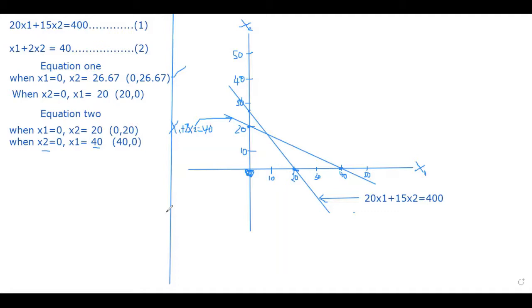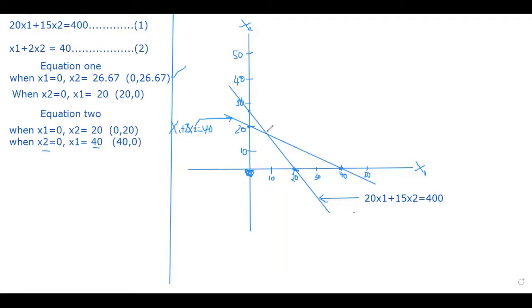Inequalities are when you use less than or equal to, greater than or equal to, and so on. With equations, you are using the equal sign. So after getting the coordinates from the expressions and plotting them on the graph, you look through where they meet.